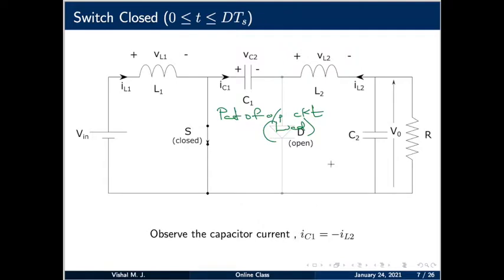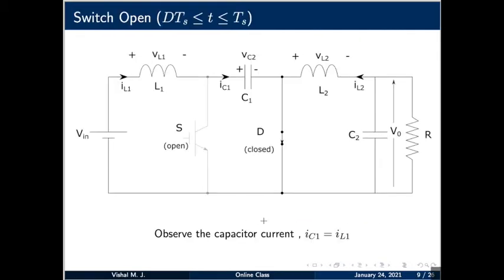See this branch: IC1 and IL2 are numerically the same, and since they are flowing in opposite directions, IC1 will be equal to minus IL2 when the switch is closed. So, we have found the current through the capacitor when the switch is closed, and it is equal to minus IL2.